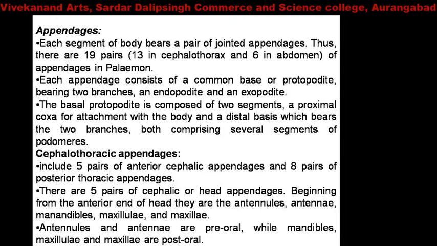The basal protopodite is composed of two segments, a proximal coxa for the attachment to the body and the distal basis which bears the two branches. And there are several segments called podomeres present on the appendages. So mainly cephalothoracic appendages and abdominal appendages are present.